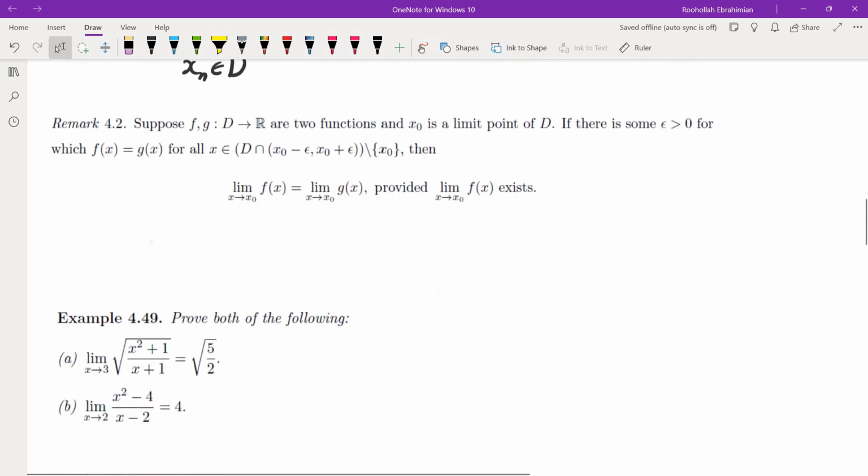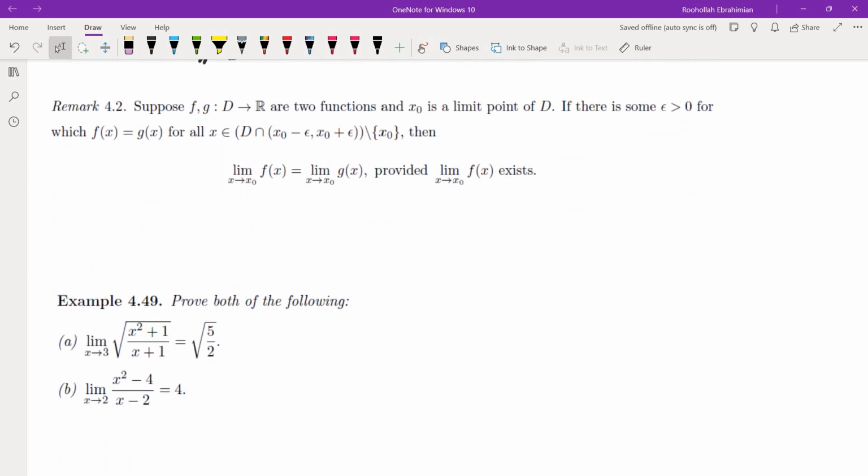Okay, and the second remark, 4.2, is that if you have two functions that are the same near a point, then their limits are also going to be the same. These two functions could be anything at x naught. So let me first draw a diagram, and then we will go over the details of what the theorem tells us.